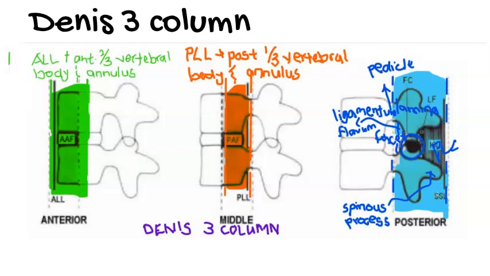The middle column consists of the posterior longitudinal ligament and the posterior one-third of the vertebral body and the annulus. The posterior column includes all the posterior structures, that is the pedicle, the ligamentum flavum, the facet joint, the spinous process, and don't forget the lamina.